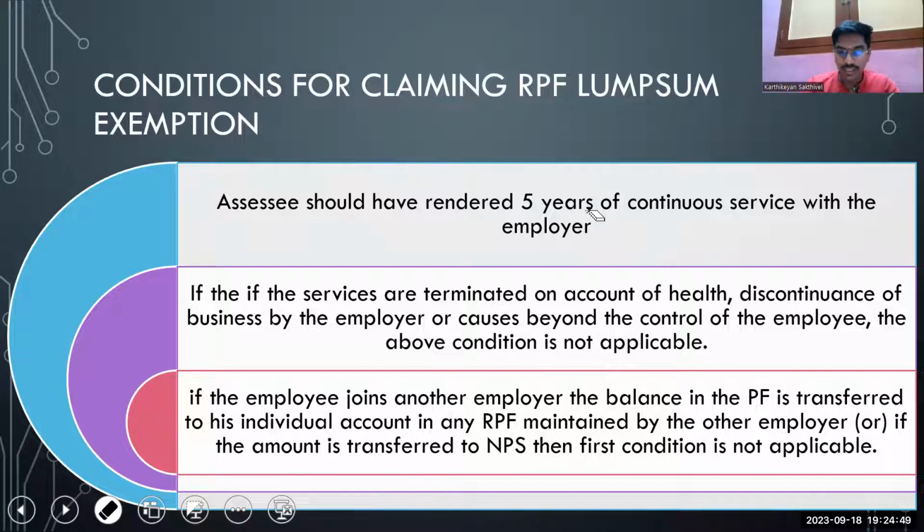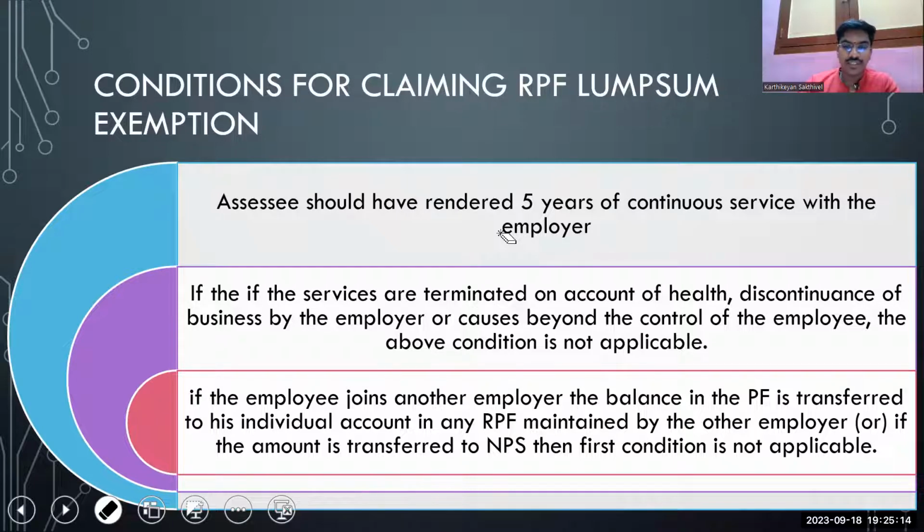But the 5 years of continuous service is not applicable in certain cases. If the employee has been terminated on account of ill health or discontinuance of business by the employer or causes beyond the control of the employee, the 5 years condition is not needed. The assessee should have rendered 5 years of continuous service for the lump sum amount he is receiving to be exempt from tax.